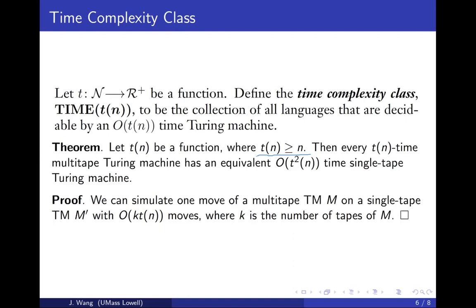Then every t of n time multi-tape Turing machine has an equivalent big O of t squared of n time single tape Turing machine. The proof of this result is pretty straightforward. Let's say you have k tapes, each one-way unbounded, in one direction.